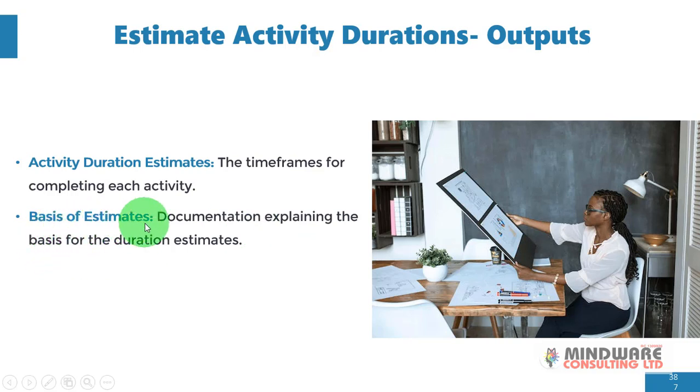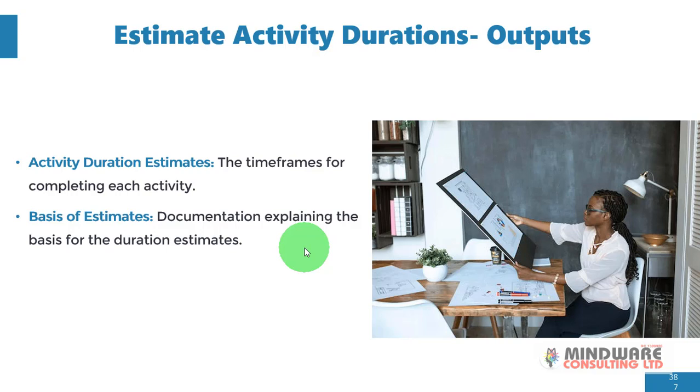Also, we have the basis of estimates, documentation explaining the basis for the duration estimates. So it's not like when you have estimated the duration for each activity, you just go, okay, fine, that's it. You're going to have to explain the basis for the duration estimate. What informed the duration estimate?